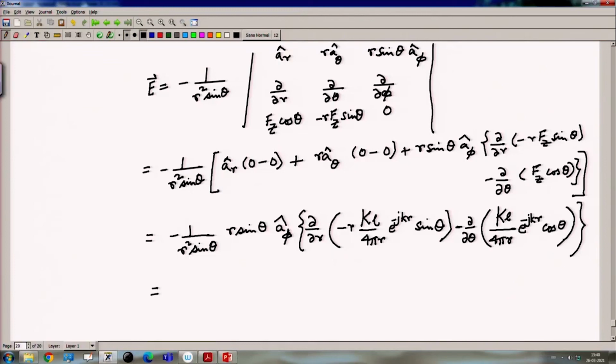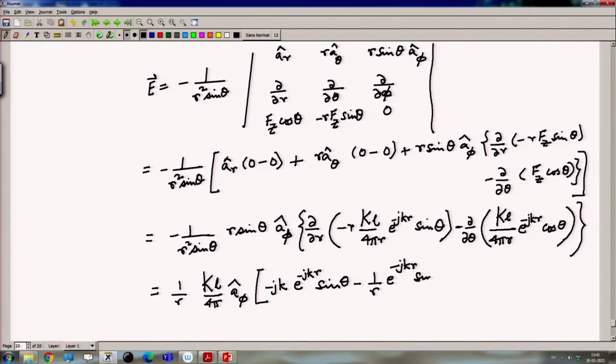So, that becomes equal to 1 by r, K L by 4 pi, a phi, times minus j k e to the power minus j k r sin theta, minus 1 by r e to the power minus j k r sin theta.